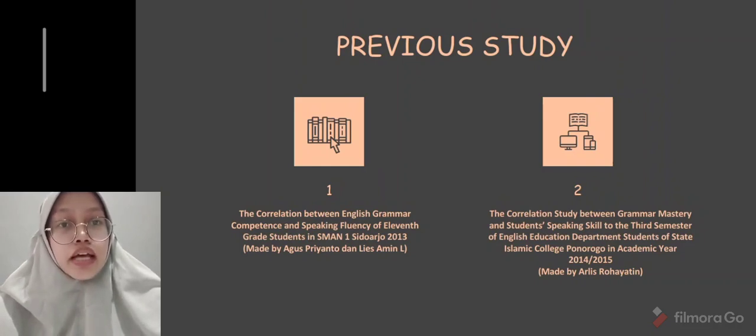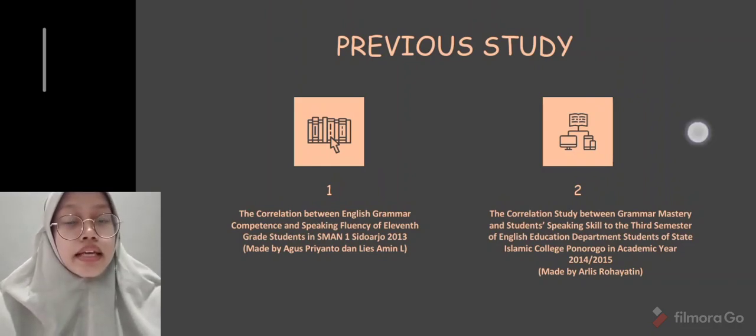The first previous study is about the correlation between English grammar competence and the speaking fluency of 11th grade students in SMA Negeri 1 Sidoarjo 2013, made by Agus Prianto and Liz Amin L. The second previous study is the correlation study between grammar mastery and student speaking skill of the third semester of English Education Department students of State Islamic College Ponorogo in academic year 2014-2015, made by Arlis Rohayatin.